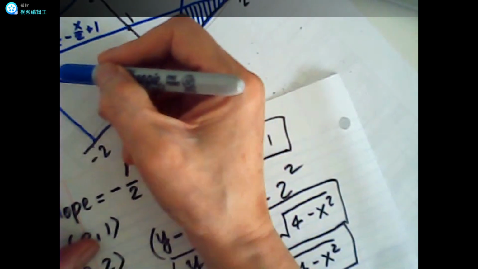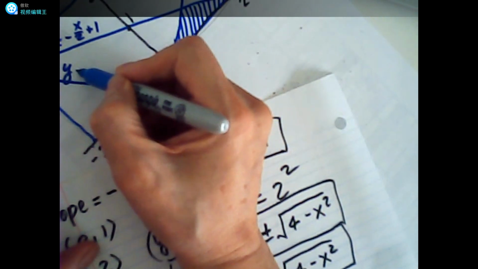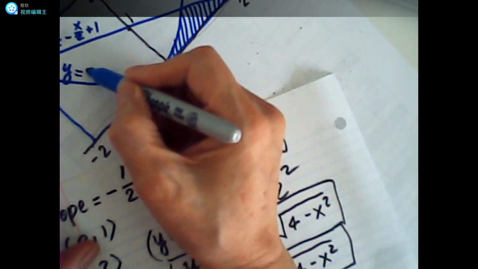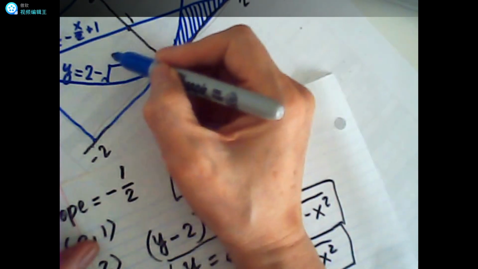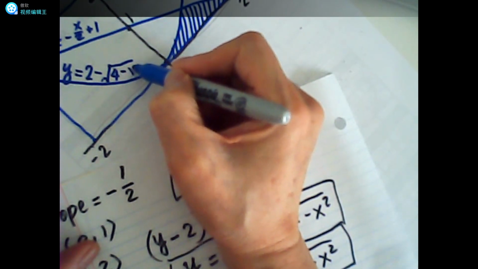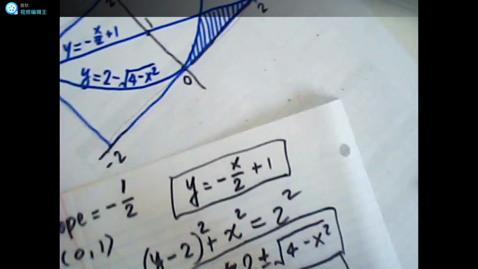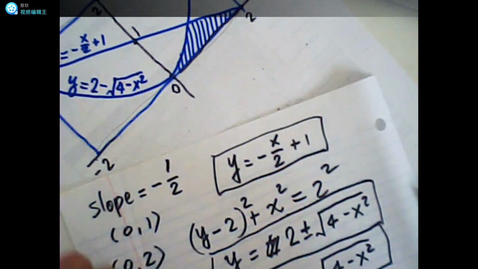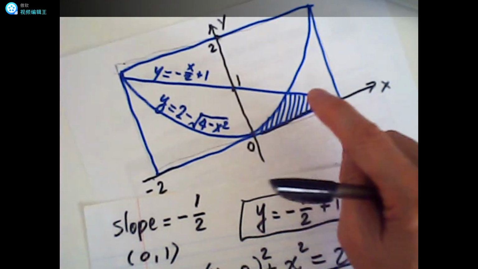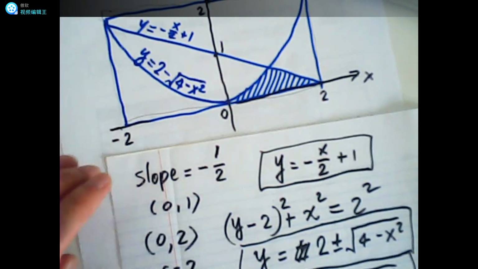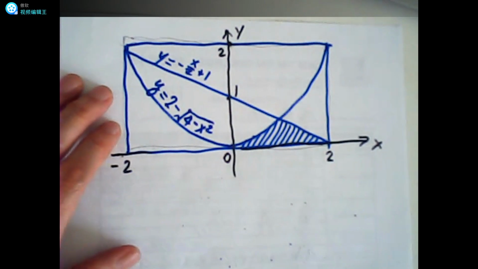The circle is y equals 2 minus the square root of 4 minus x squared. Good. Now we can set up the integral for the area.